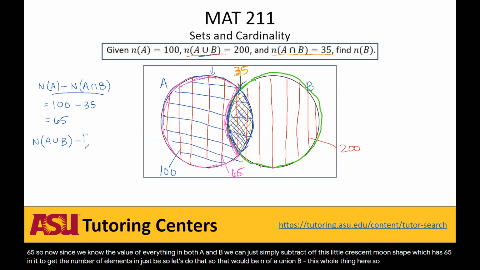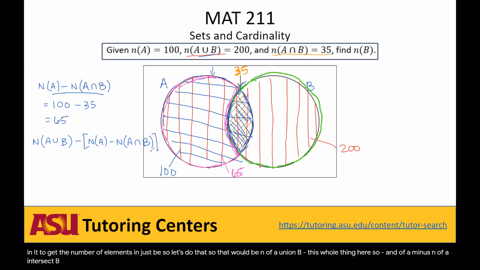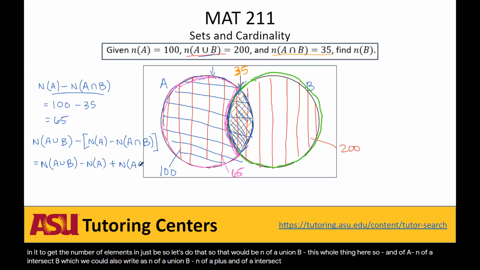So minus n of A minus n of A intersect B, which we could also write as n of A union B minus n of A plus n of A intersect B. Not two A's, intersect B. There we go.